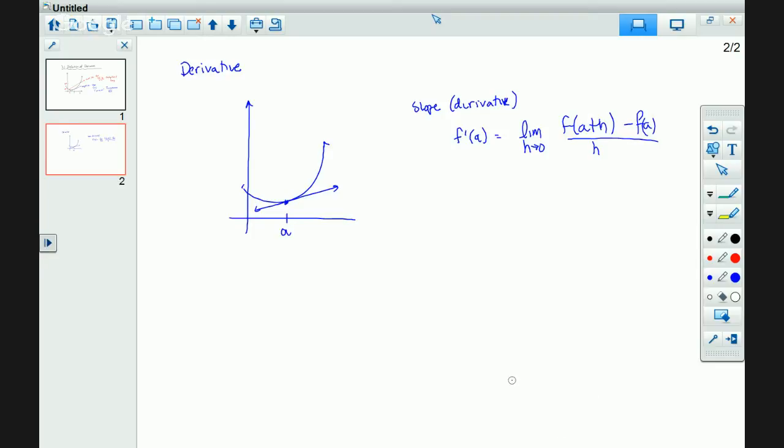Basically what we're saying here is there is some interval h. See how wide it is? We're pushing that to 0. So there's no width, so we get that exact spot. As h approaches 0, that means this is getting skinnier and skinnier. And when it hits 0, that's when we have a tangent line at one spot.